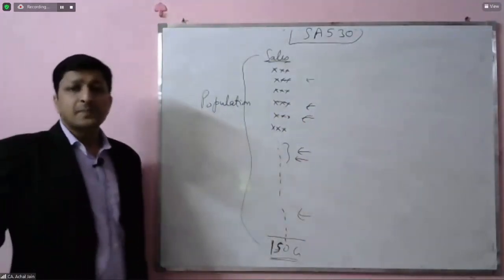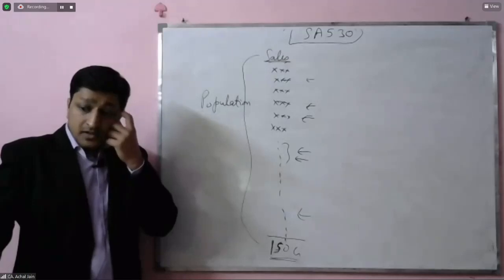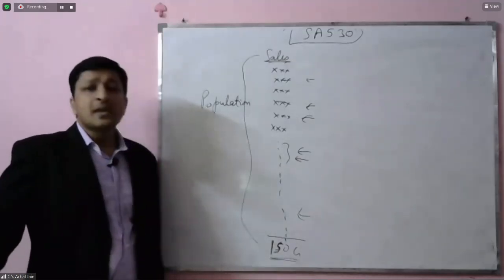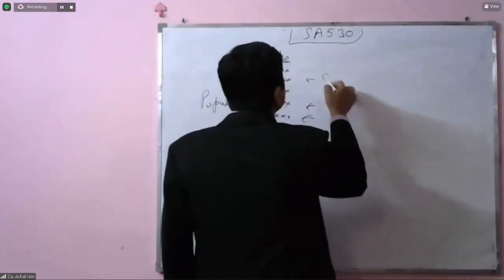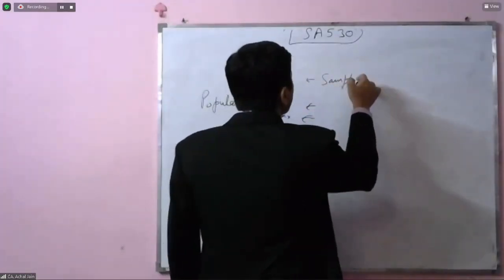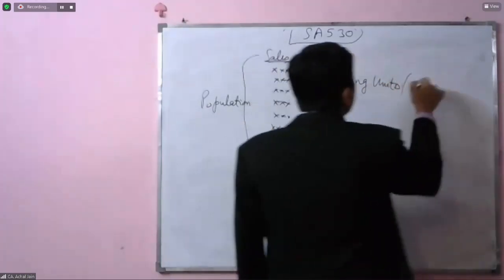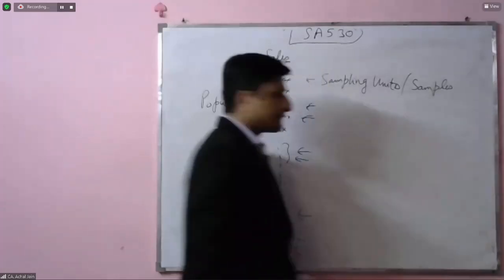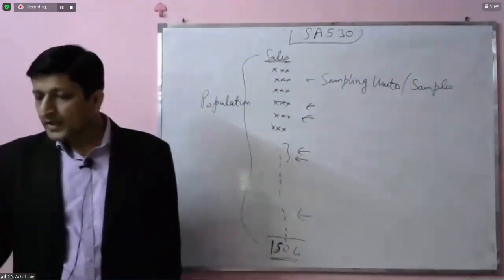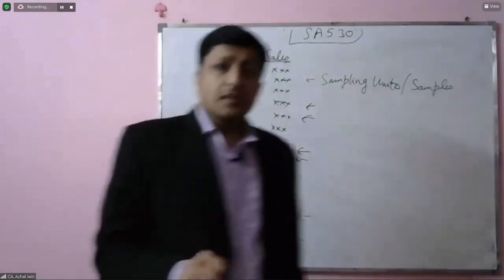All of these samples which the auditor would select are considered to be sampling units, or you can say all of these transactions which have been picked up are called sampling units, or we can say samples. Clear? Let's move on to understand some more terms.